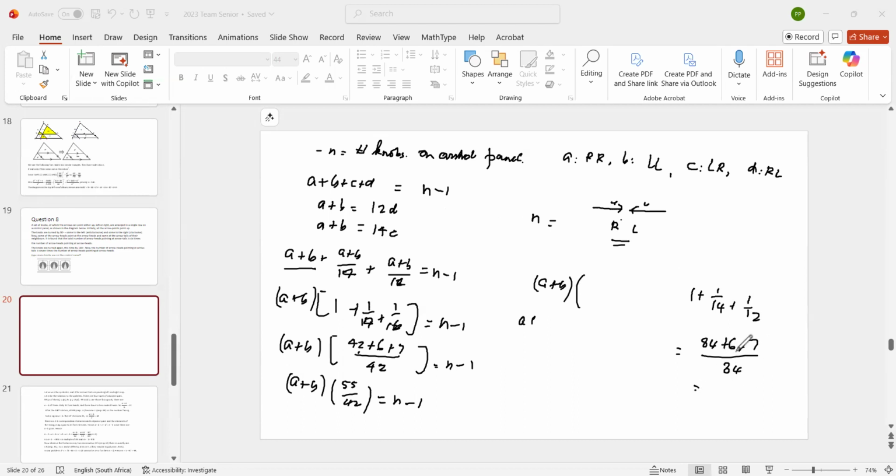So you have 84 plus 6 is 97 over 84. All right, so this expression here, let's take this, no, this is wrong. That thing there becomes 97 over 84 equals n minus 1.